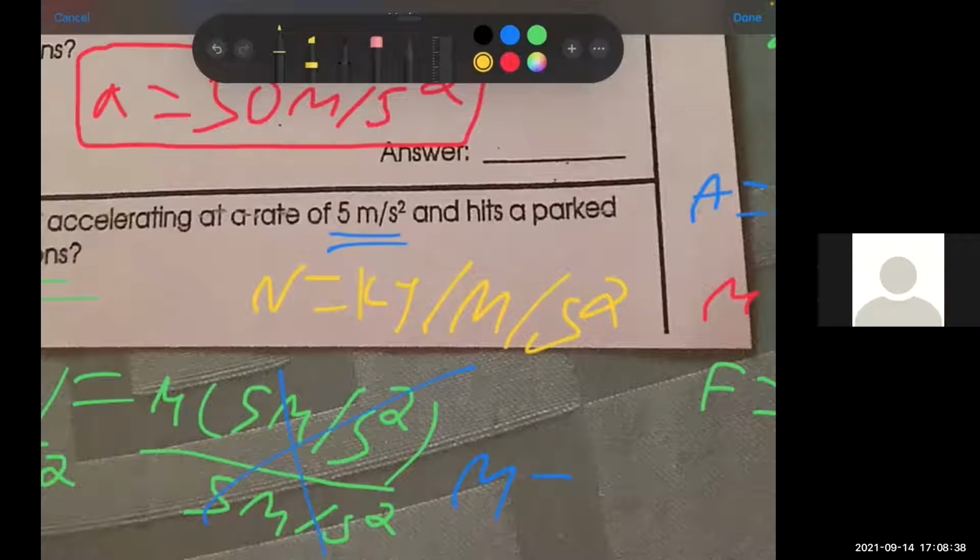That's here. We should see that the meters per second squared cancel out with each other, leaving us with kilograms.